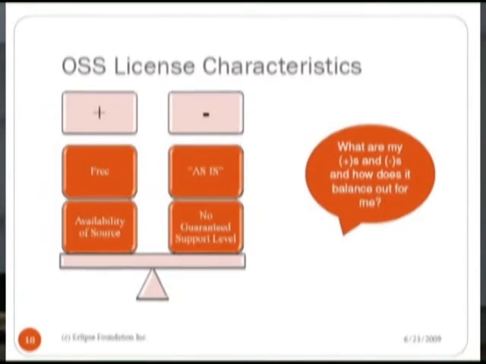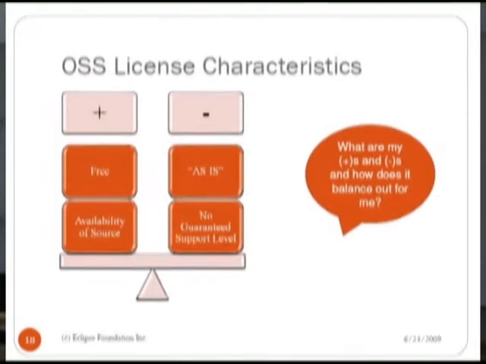On the negative side, open source software is typically provided as is. You don't get any warranties, you don't get any representations, and in a typical supply management or buyer context, that can be very concerning. And there's no guaranteed level of support. The project is there, and you can typically submit bug patches back to the project, but if it's not something that the project is interested in, they have no obligation to apply your patch.